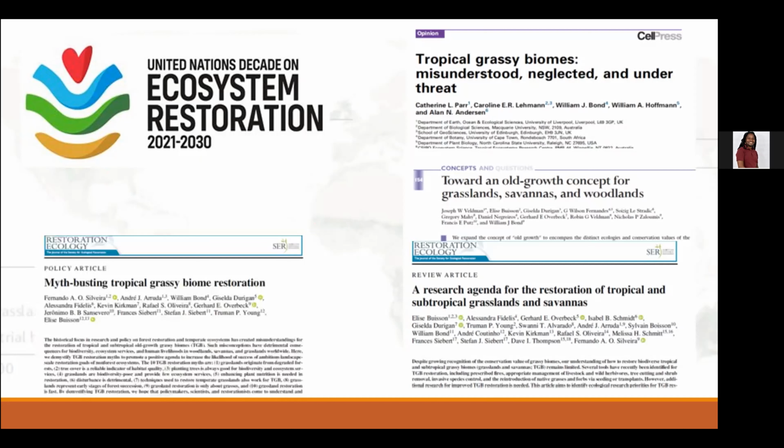And of course, there's this paper by Fernando that talks about these key issues, showing that grasslands are key ecosystems and they're valuable and they are ancient, and they should be treated in the same vein as we treat forests.